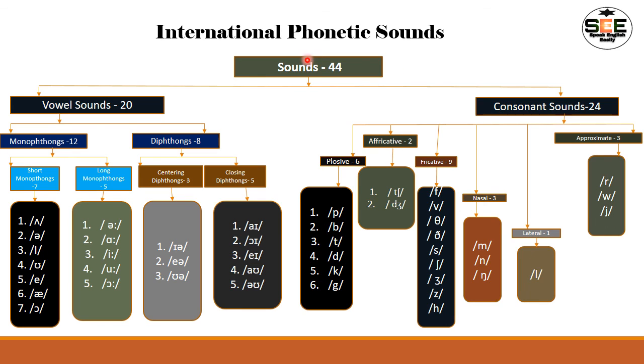Okay, so I hope you understood these 24 consonant sounds. Okay, so plosive, affricate, fricative, nasal, lateral, and approximant. So these were 44 sounds.